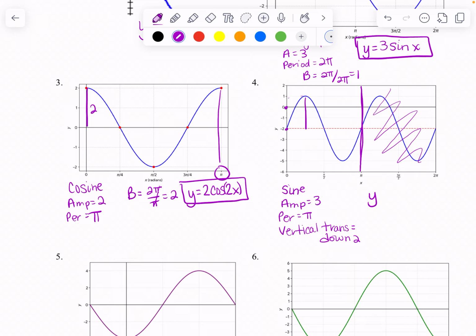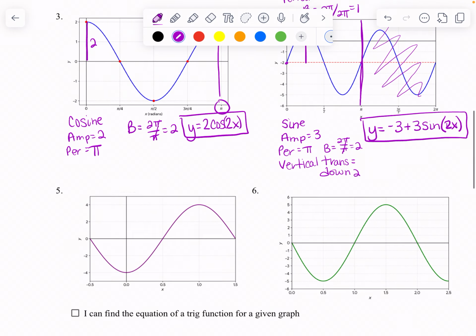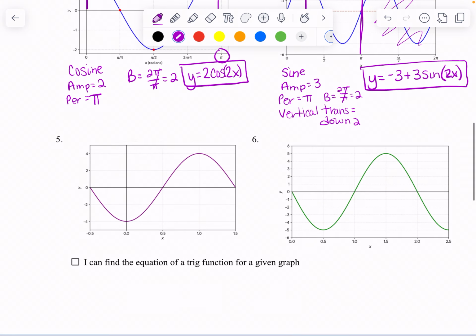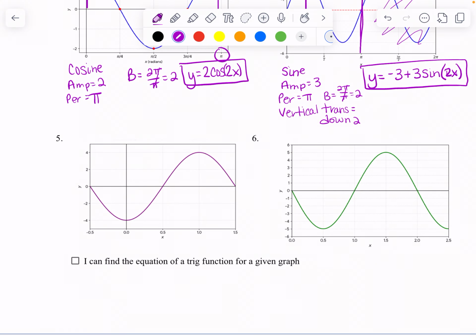Alright, so y equals negative 3 plus 3 sine of, we better figure that out. So b is 2 pi divided by pi. So 2x.